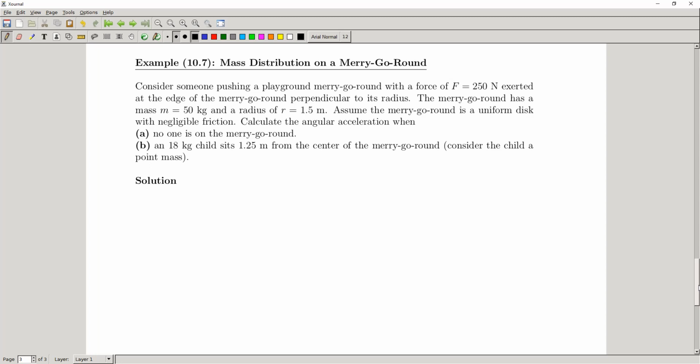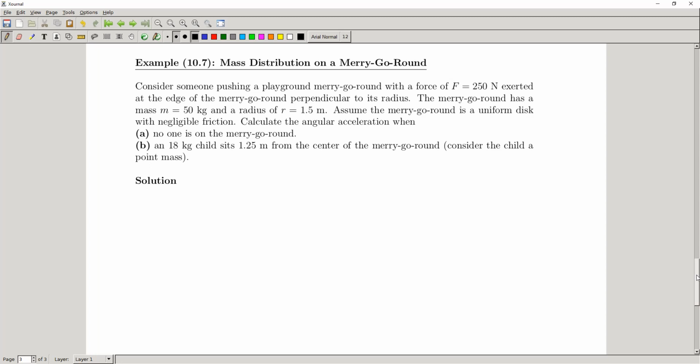Assume the merry-go-round is a uniform disk with negligible friction, and we want to calculate the angular acceleration when in part A no one is on the merry-go-round, and in part B when an 18 kilogram child sits 1.25 meters from the center of the merry-go-round. We're going to consider the child to be a point mass in this case, which is good because then we don't have to worry about rotating this child, with some extent, around an axis that doesn't go through the object.